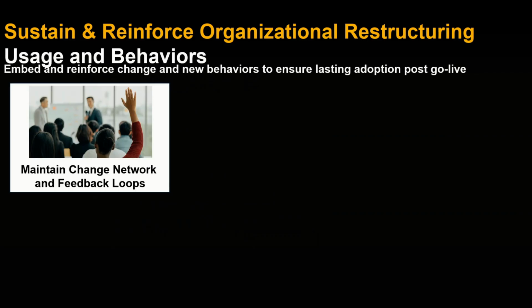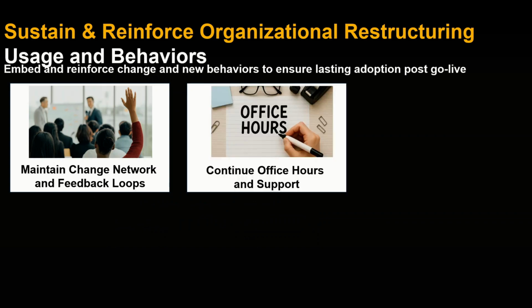This is very important, to continue to share and communicate success stories to let people see how the business reorg is being successful. You also want to ensure that you continue office hours and user support to make sure that you are providing ongoing help and also refreshing training when needed.